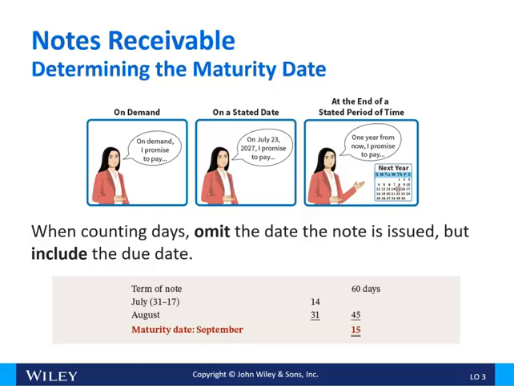So if the term of the note is 60 days, and we issued the note on July 17th, we ignore the 17th, we count 14 days left in July, so the 18th through the 31st, it's 14 days. August has 31 days, so we add 31 days to those 14 days, and we get 45 days.